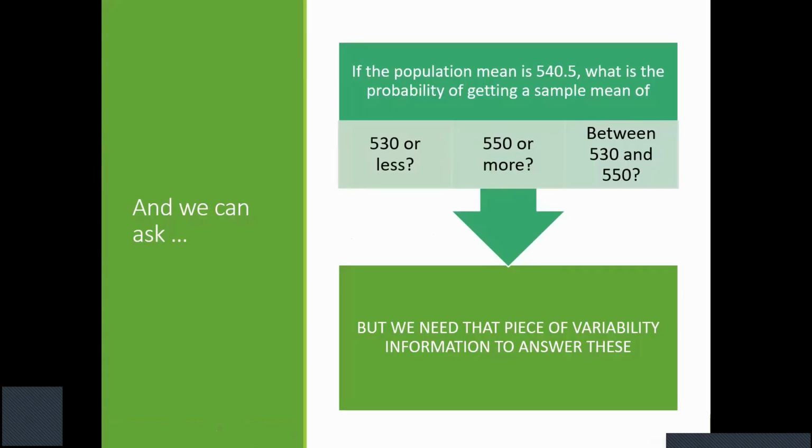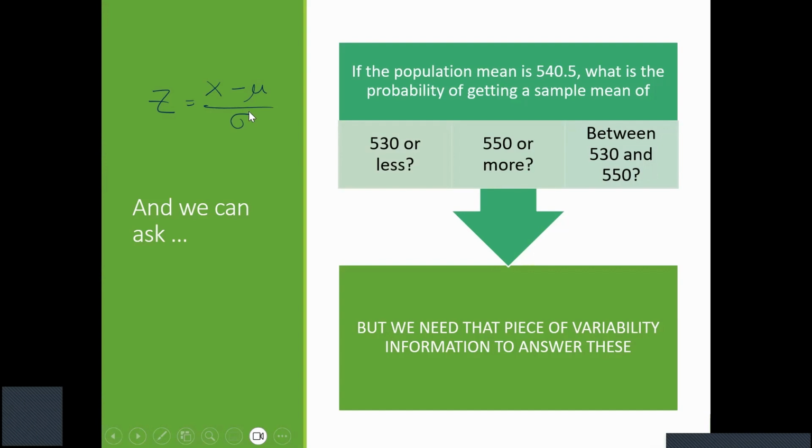We can start asking things like, if the population mean is 540.5, what is the probability of getting a sample mean of 530 or less? And this is starting to think about z-score ideas again. Remember, z is equal to a value minus a mean over standard deviation.